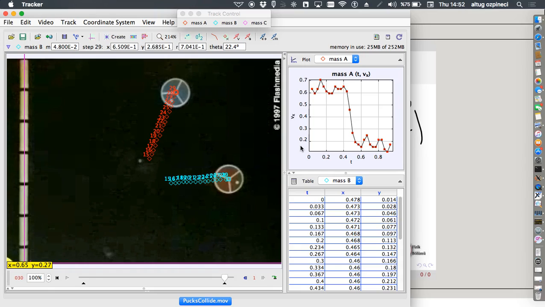Now, what is the initial velocity of the object before the collision? What can you say? 0.6, 0.6. I would say 0.65 plus minus 0.05 to be on the safe side.